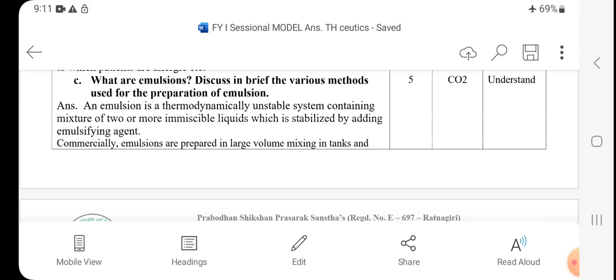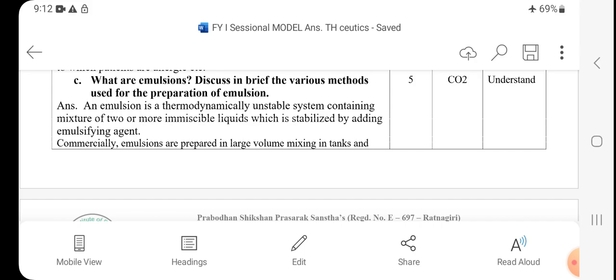So we can define emulsion. As you already know, it is a biphasic liquid type of dosage form. The suspension and emulsions, these are the biphasic type of liquid dosage form. So emulsion is a thermodynamically unstable system which contains a mixture of two or more immiscible liquids, that is, both liquids are non-mixing with each other, and to stabilize the emulsion, an agent is added.